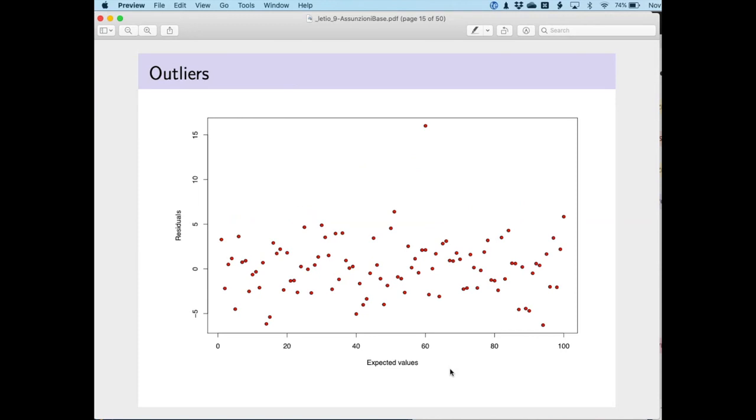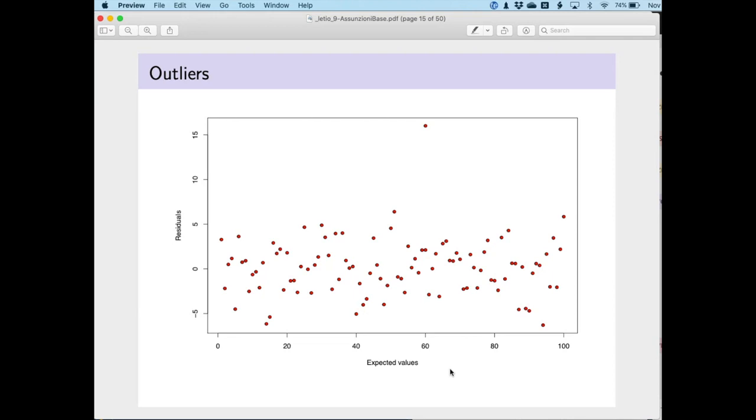For example, this is not okay. Here, what do you see? You see one point up there which is isolated from the other observations. So there is one very wide residual. And this is not okay.